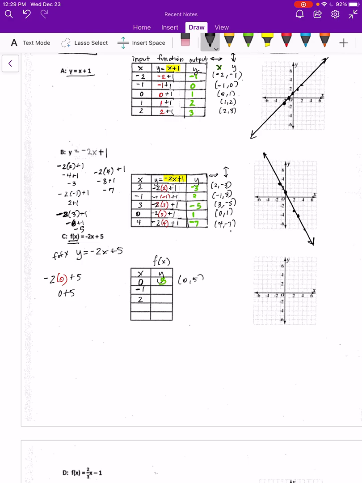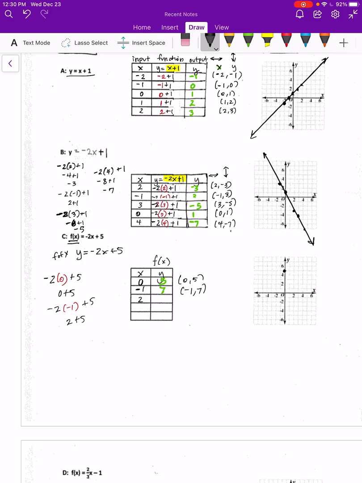And that's what I'm going to plug in, 0, 5. Next one, I'm going to plug in -1, so -2 times -1 plus 5. -2 times -1 is 2, and 2 plus 5 is 7. So my next point is -1, 7.